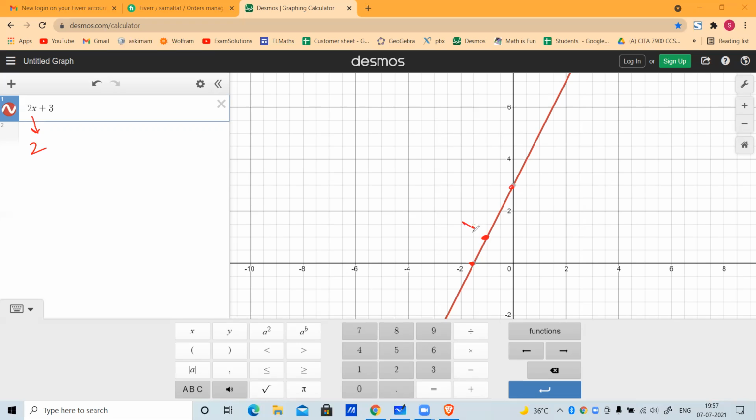So we have this point as -1, comma 1. Point A maybe. So it's given that the line has a slope of 2, and the line is passing through the point -1, comma 1.